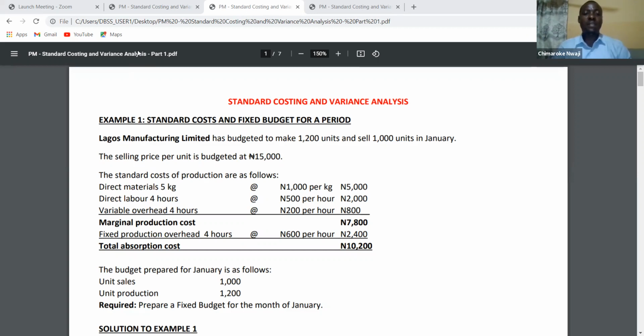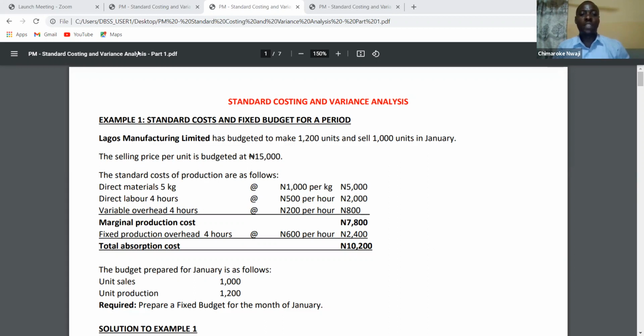So let's look at bread typically in this example. You want to make a loaf of bread, you need to consider the materials that will be used to make that bread. What is the standard quantity that will be used? So it means that how many grams or how many kilograms will be used to make one loaf of bread.